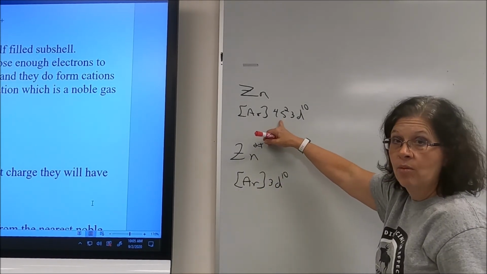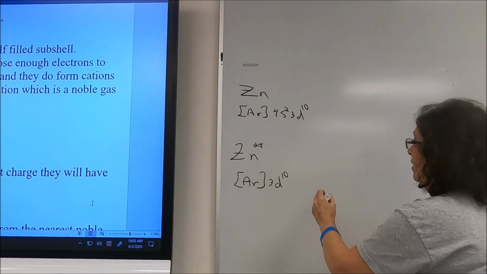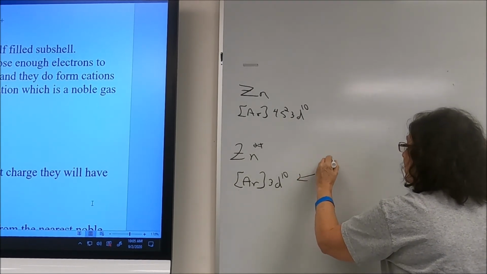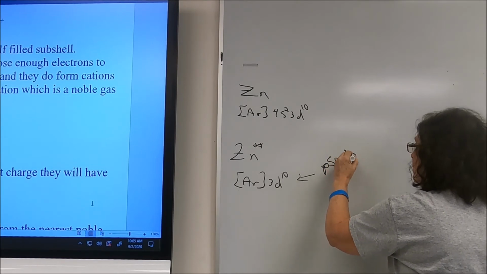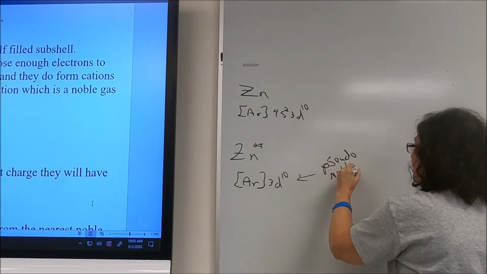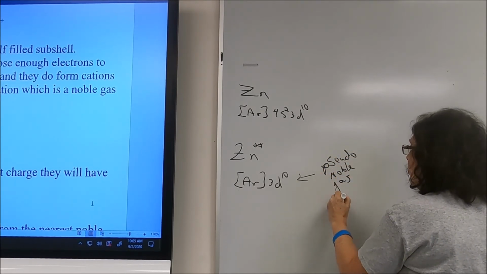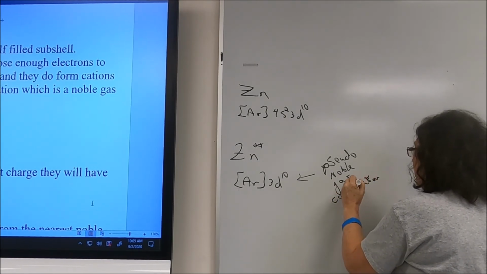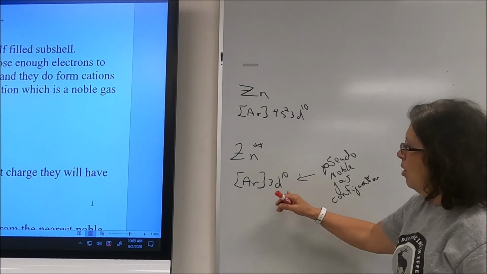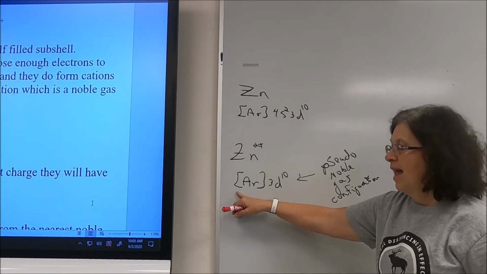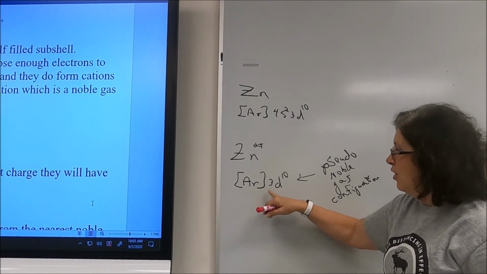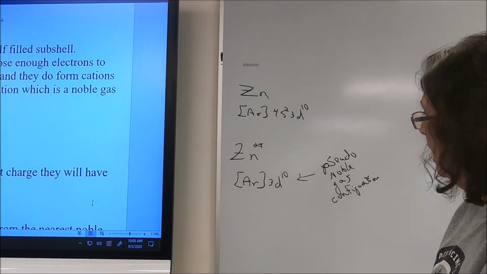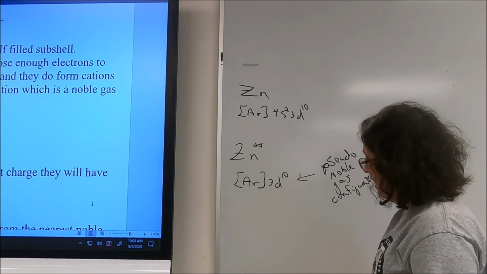We lost the outermost electrons first. This is referred to as a pseudo-noble gas configuration. A pseudo-noble gas configuration is a noble gas configuration plus a completed d shell. Okay? So that's a pseudo-noble gas configuration.